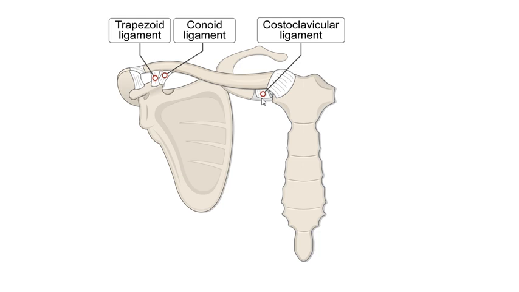And from the costal cartilage of the first rib runs the costoclavicular ligament. So these are the ligaments associated with the clavicle, which fix it to the scapula and the first rib.